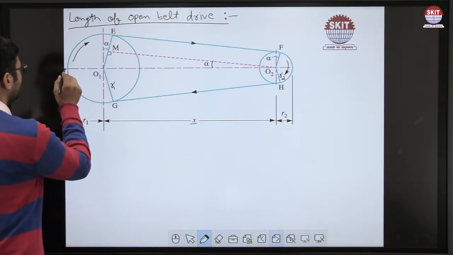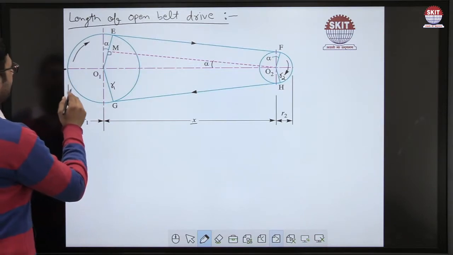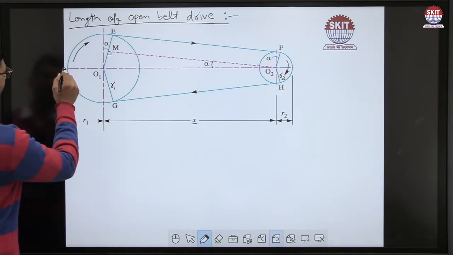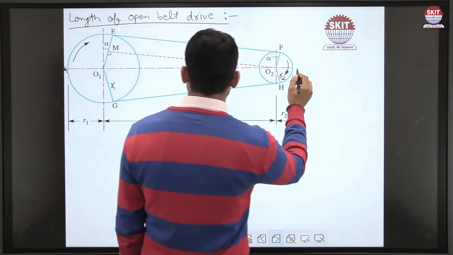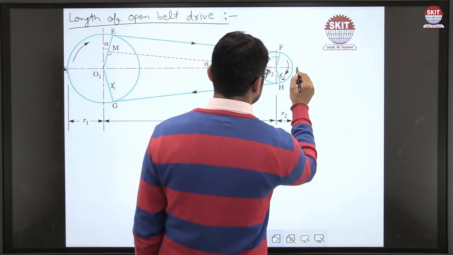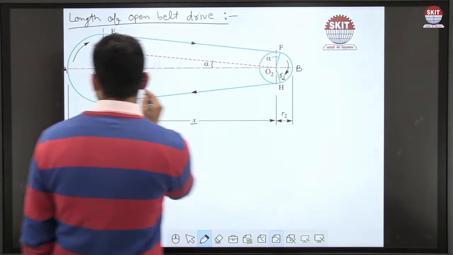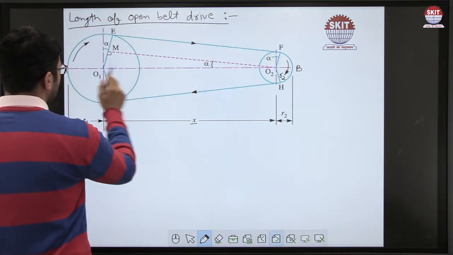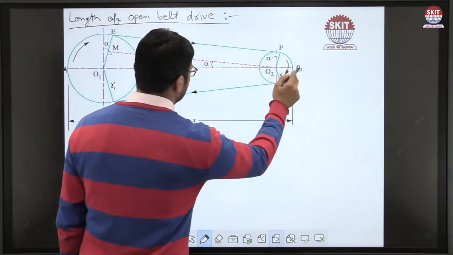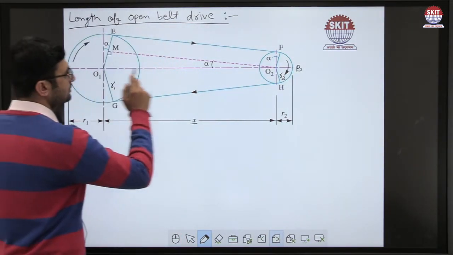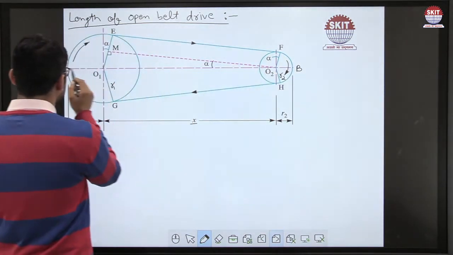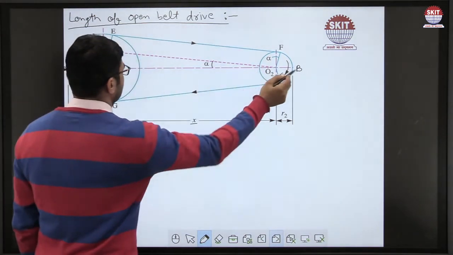Now how much length is required to connect this? From the figure, it is clear that if it is point A and it is point B, then this figure is symmetrical about the AB axis.